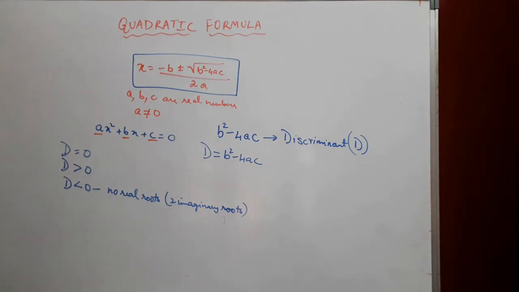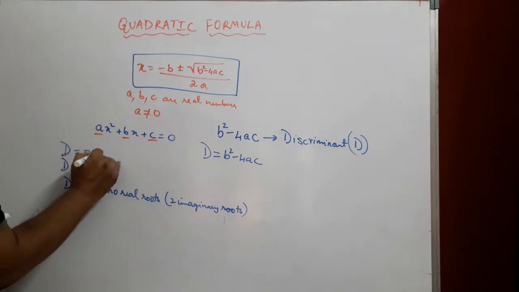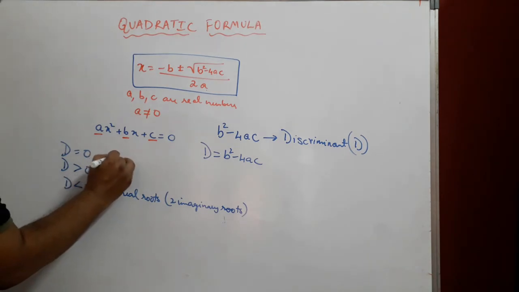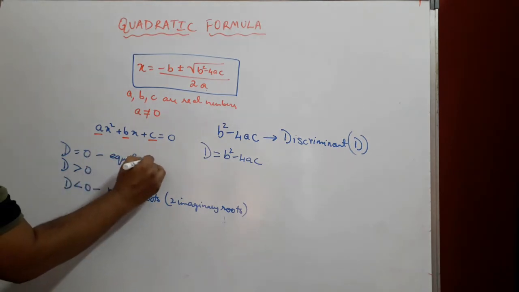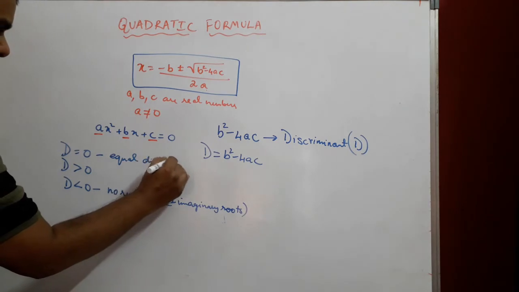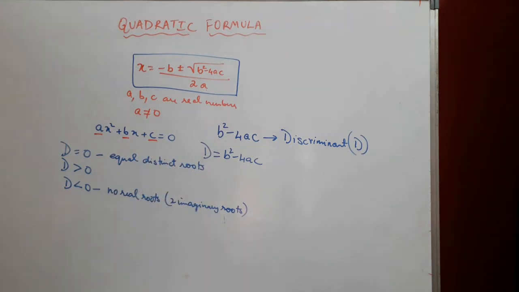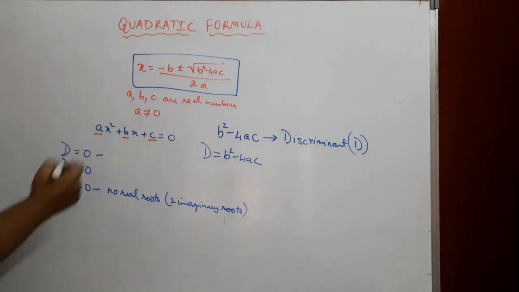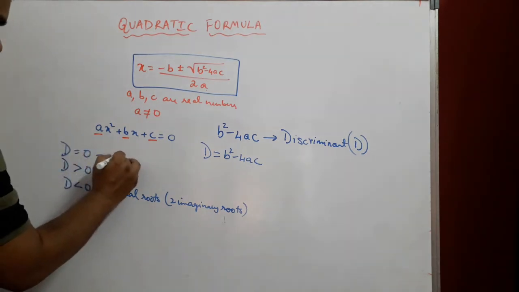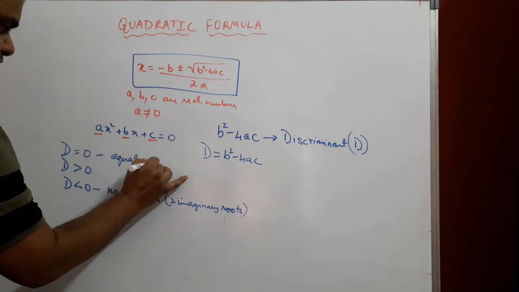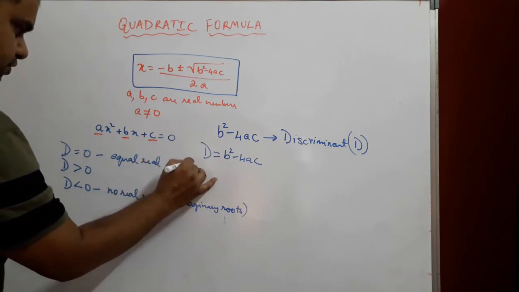If D is equal to 0, then the quadratic equation will have equal real roots.